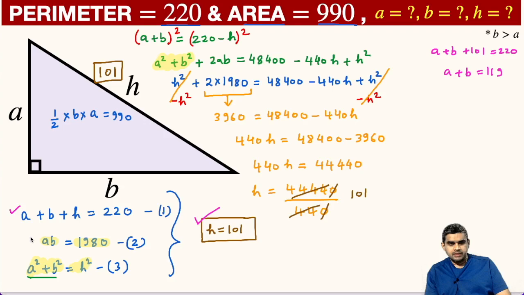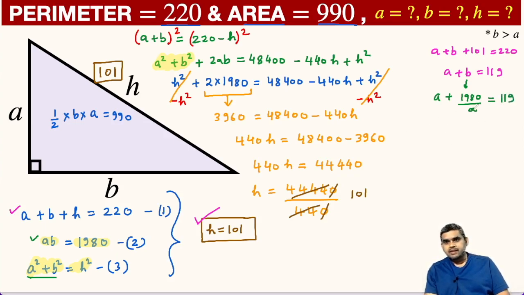Also from equation number 2 we can express b in terms of a. So this will be a plus, in terms of a, b can be written as 1980 upon a. From here we can cross multiply. So a plus 1980 by a will be equal to 119.